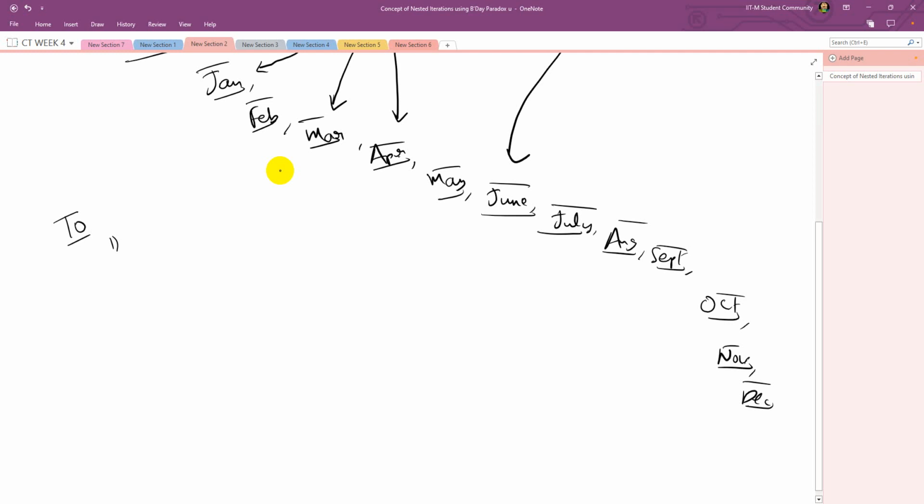Now let us say the first student has his birthday in January. Second student has his birthday in February. Third student in March. Fourth student in July. Fifth student in November. Sixth student in October.